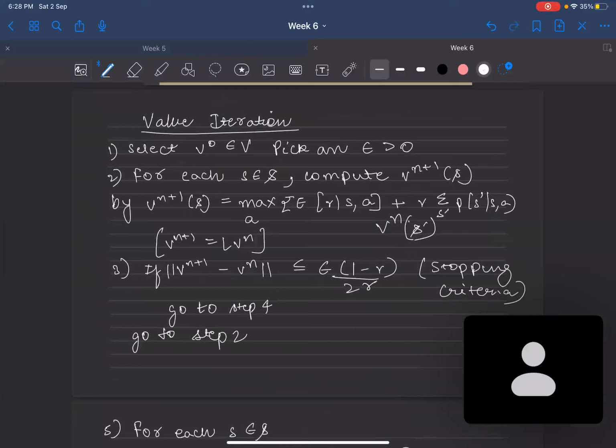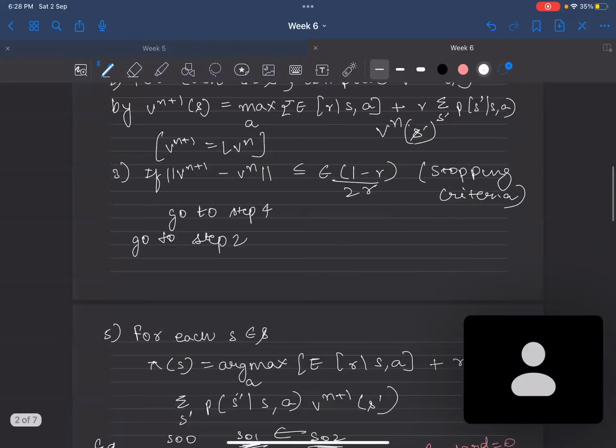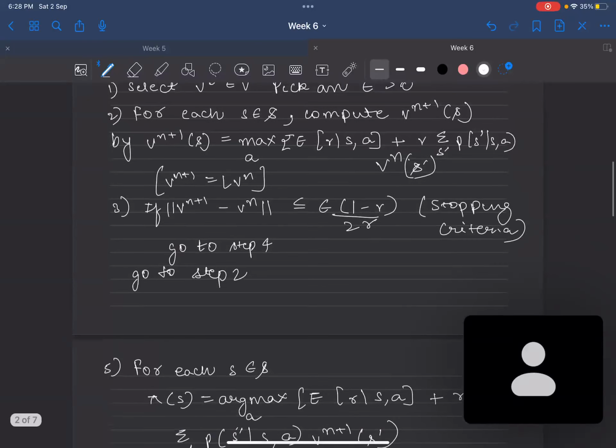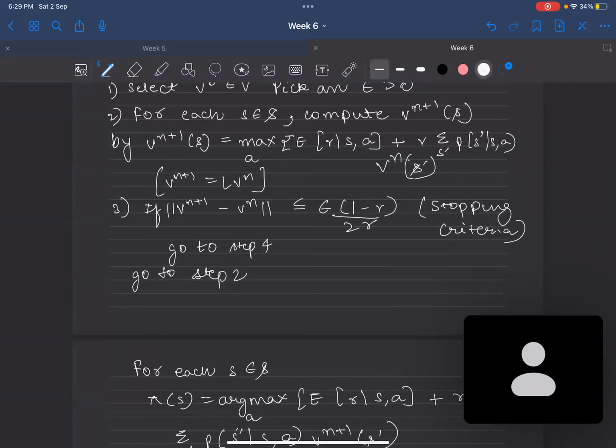So let's take that we stopped at Vn, and now we are calculating pi based on Vn in step 4. If we again try to calculate V based on the calculated pi, will it be equal to Vn, or will it be close to Vn?